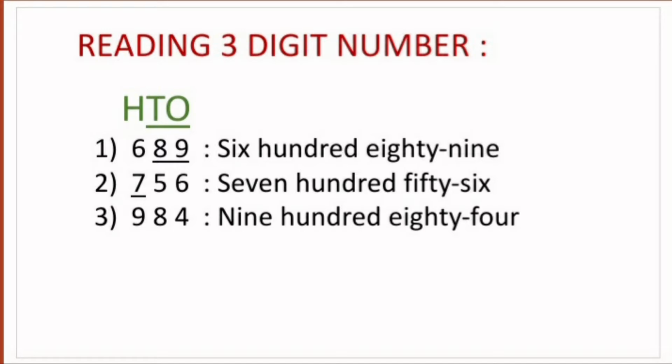For example, the first question is 689. So after 6, you read the number in hundreds, that is 600. Then the last 2 digits, the number formed by tens and ones, you will read together, that is 89, and your answer is 689.